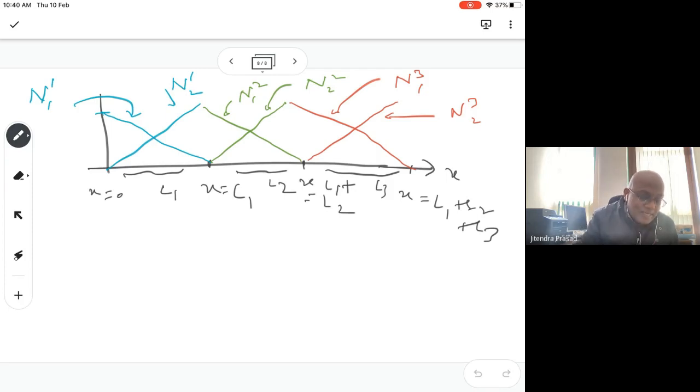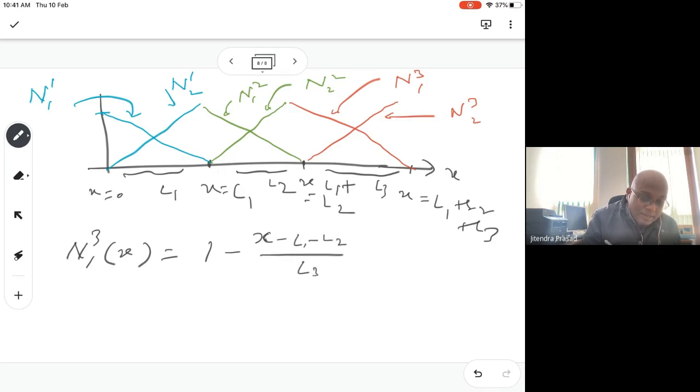You can also change this, for example, let's call N31(x). How will you write? This will be simply 1 minus (x minus L1 minus L2) divided by L3.